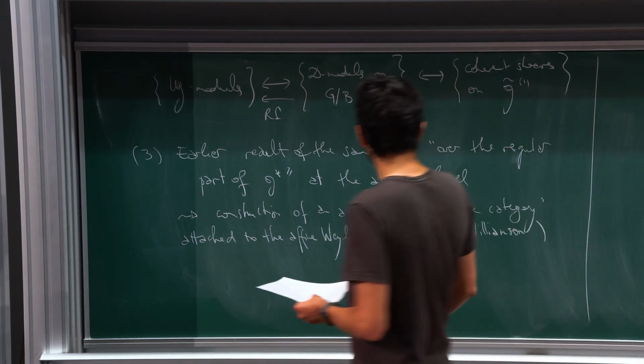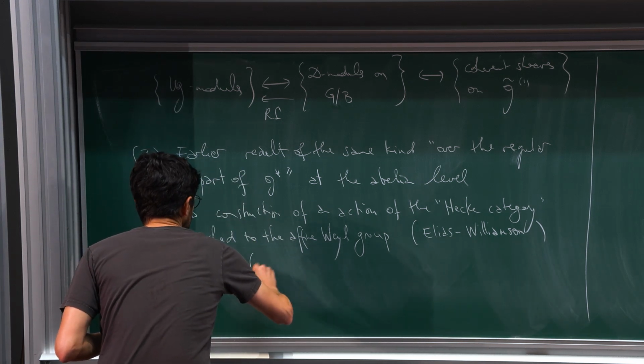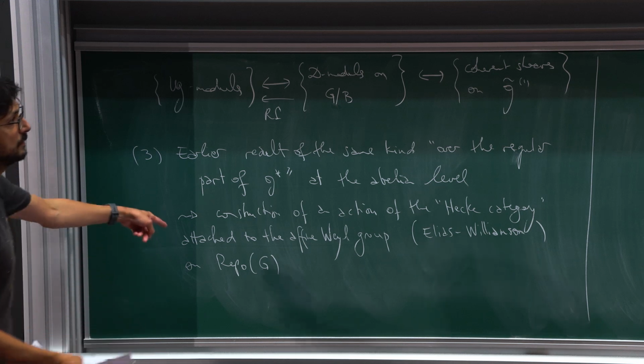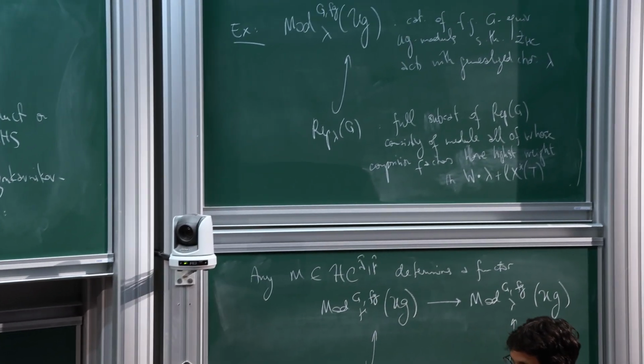And so this is an action of this Hecke category on the principal block of representations of G. So this is the category Rep_0(G), the category corresponding to the case where lambda is the character 0.